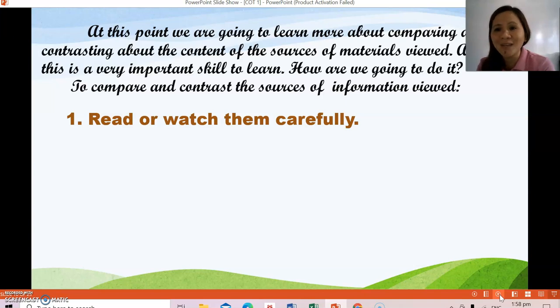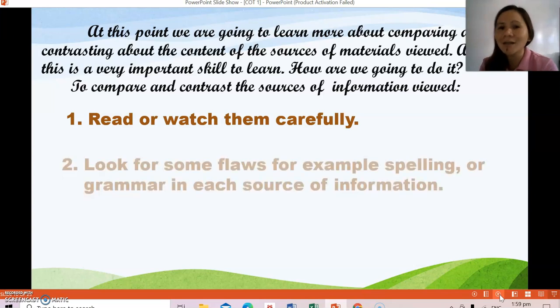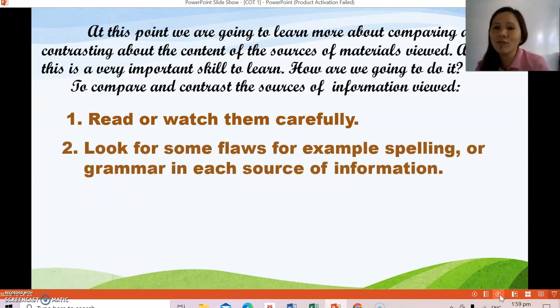Of course, you cannot compare or contrast two information if you will not read or watch them carefully and understand them. Number two, look for some flaws, for example, spelling or grammar in each source of information.